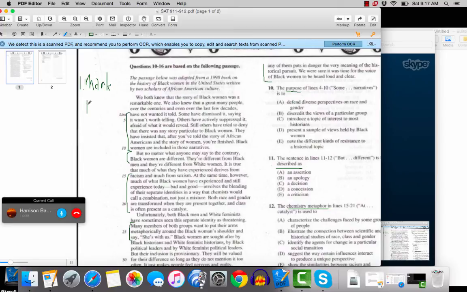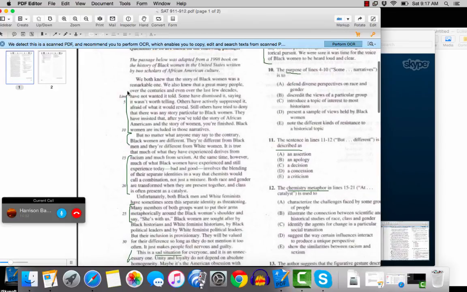I'm going to delete that because it looks horrible. Okay, so step one, mark up the passage. And that's going to take us about 60 seconds. Once you've got that down, it might take you as much as 90 seconds.